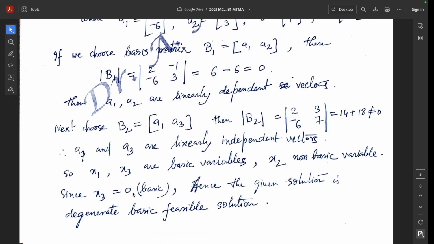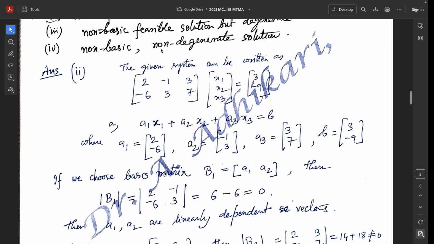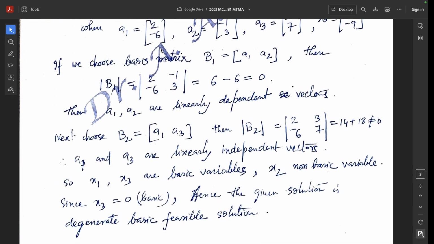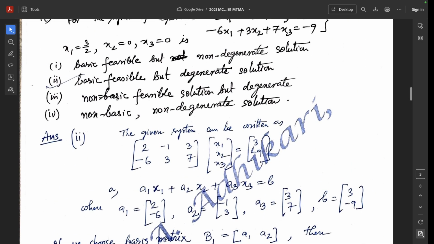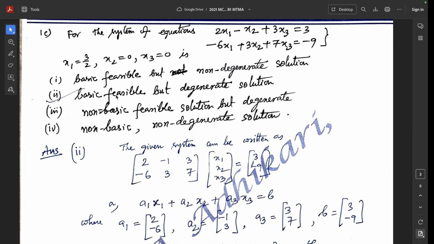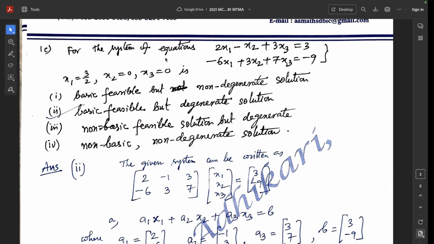Here the basic variable is 0, hence the given solution is a degenerate basic feasible solution. Feasible means all non-negative; the basic variables are all non-negative. So it is a basic feasible but degenerate solution, which obviously satisfies the system.